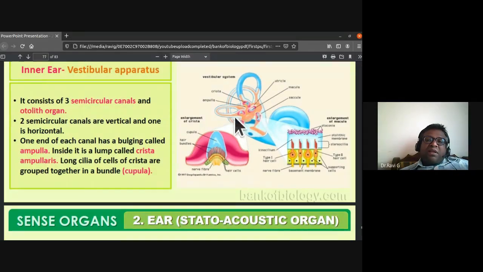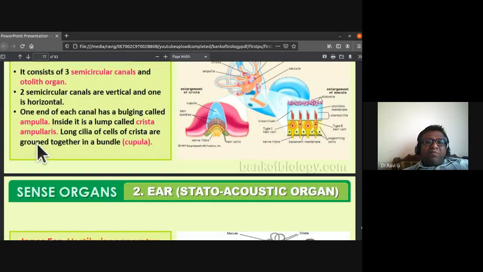One end of each canal has a bulging region called the ampulla, which has a lump called the crista ampullaris. The long cilia of the cells of the crista are grouped together in a bundle called the cupula.